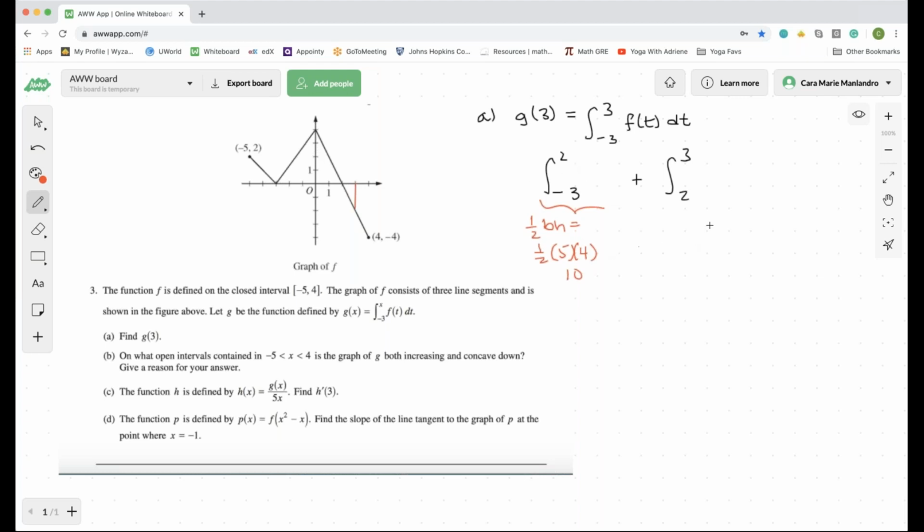The second one is also a triangle, 1/2 base times height, except my base is 1 and my height looks like it's -2-ish. So this comes out to be -1. So this should be 10 minus 1, which is 9.